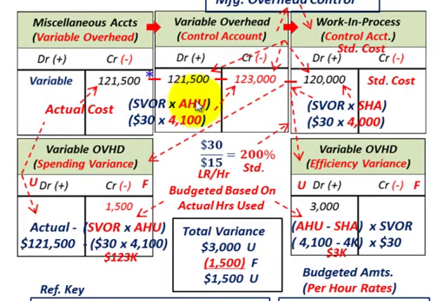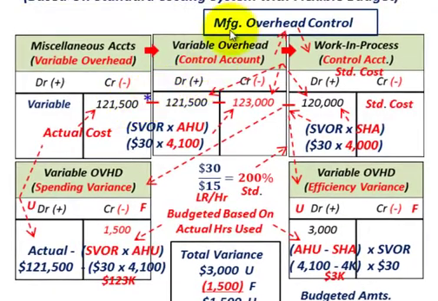Looking at those equations, we're able to calculate what should really be going on in each of our different key accounts. So just remember here, overall, you're taking your actual cost that's coming out of accumulated in your miscellaneous variable overhead account. It's going into actually a manufacturing overhead control account at some actual cost.